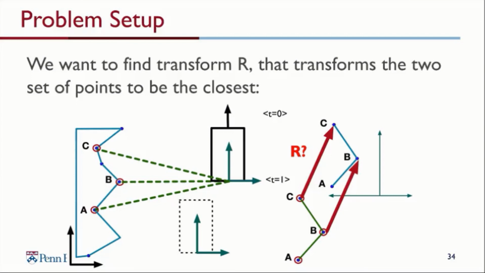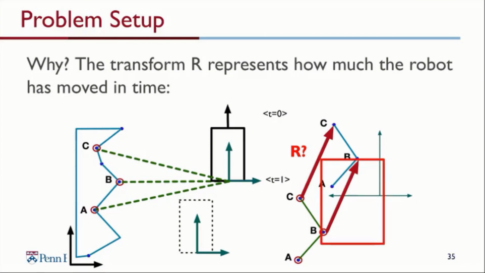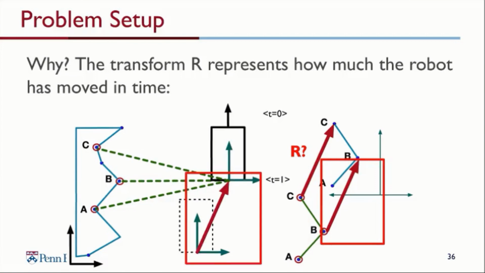The reason why we want to do this is because the amount required to translate the set of points to match and minimize the distance between these sets of points is exactly how much the robot has moved in time between time steps t equals to 0 and 1. Therefore, the goal of scan matching is to find this transformation R, consisting of a translation and a rotation, in order to localize within the local frame.